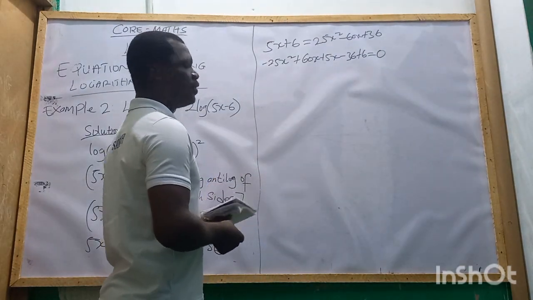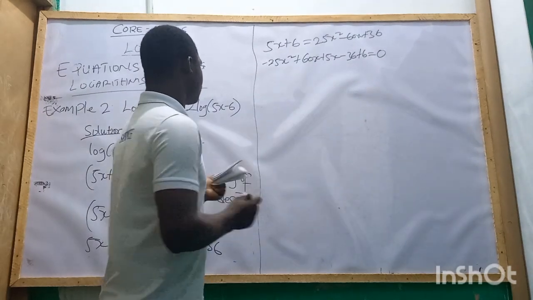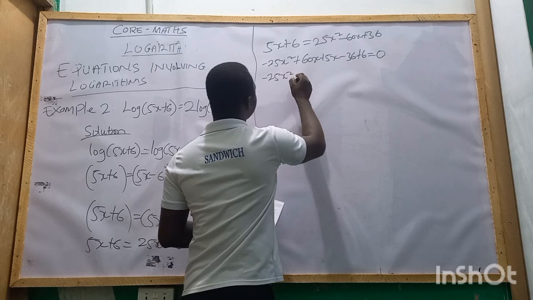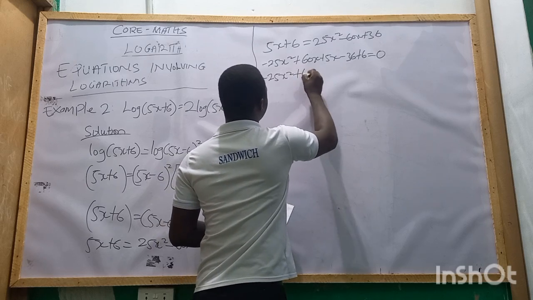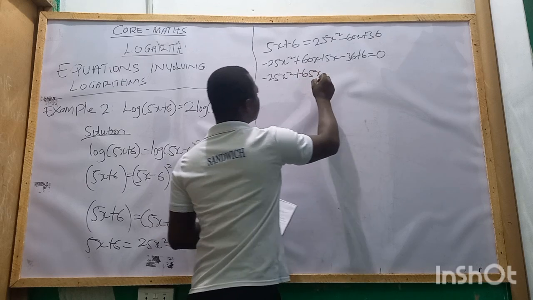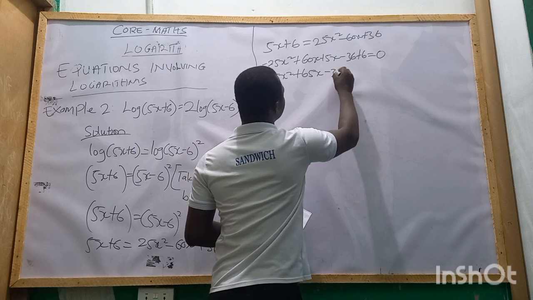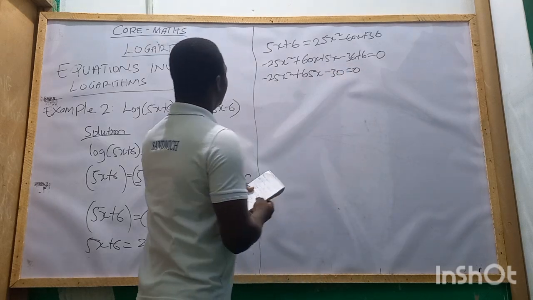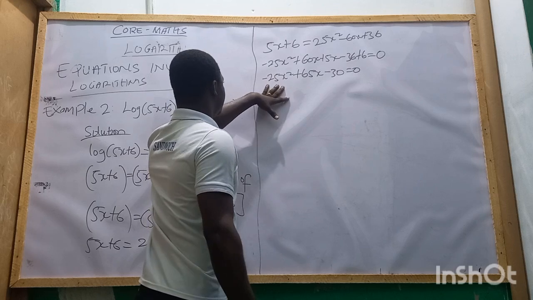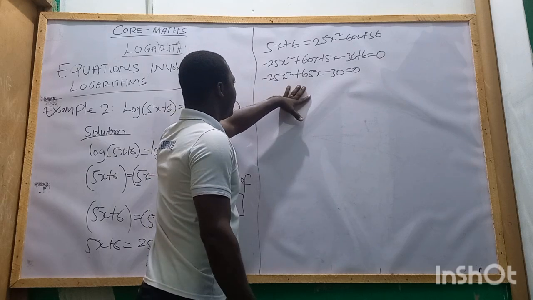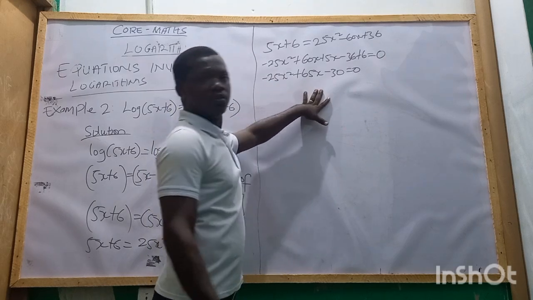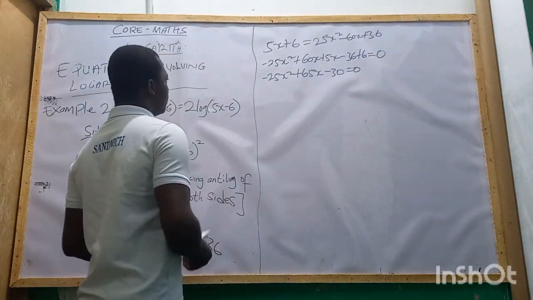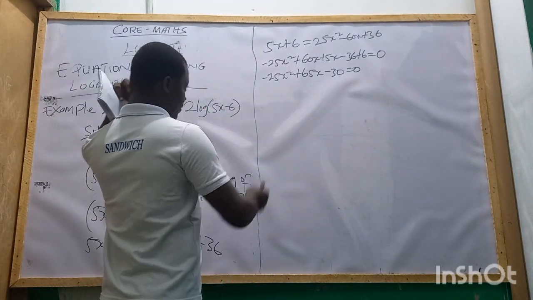So now let me simplify my like terms. I now have negative 25x squared plus 65x minus 30 equal to 0, right?